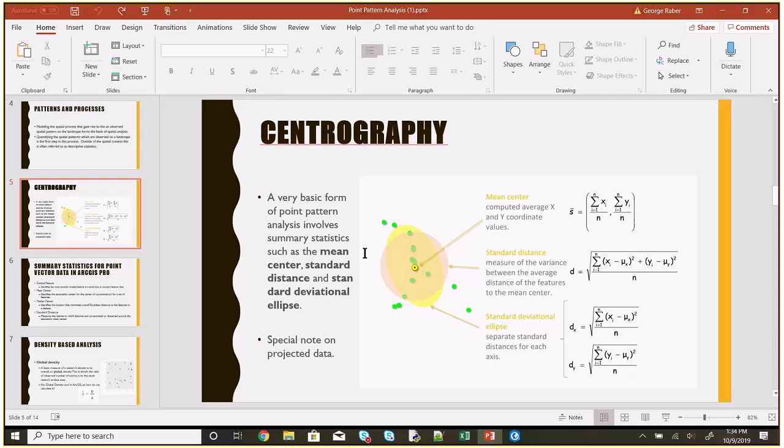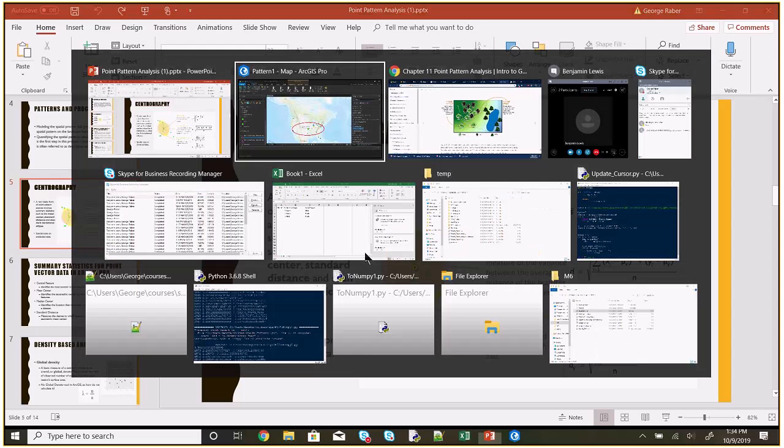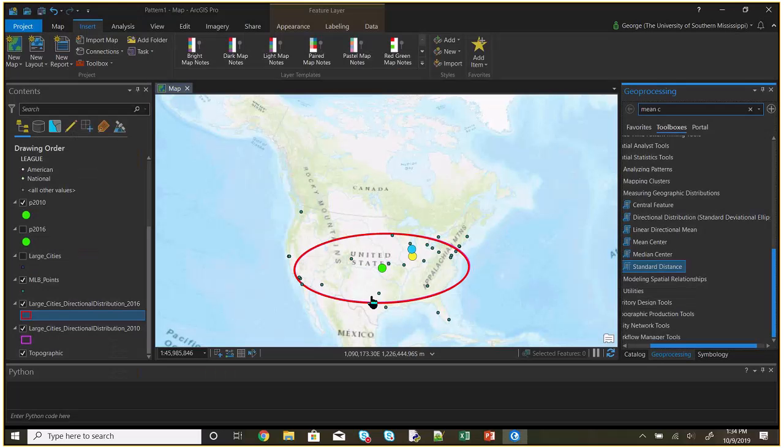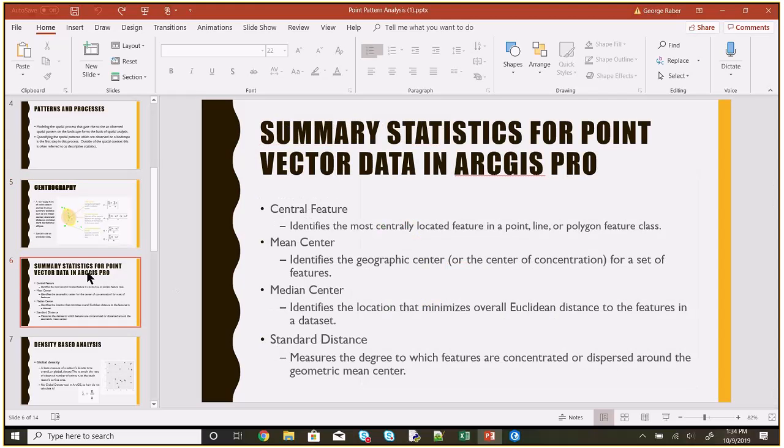A difference of 1 degree in latitude and a difference of 1 degree in longitude are different distances, and it changes depending on where on the globe you are. So when you calculate these things, make sure you're using projected data. I am using projected data here, but make sure you do it.